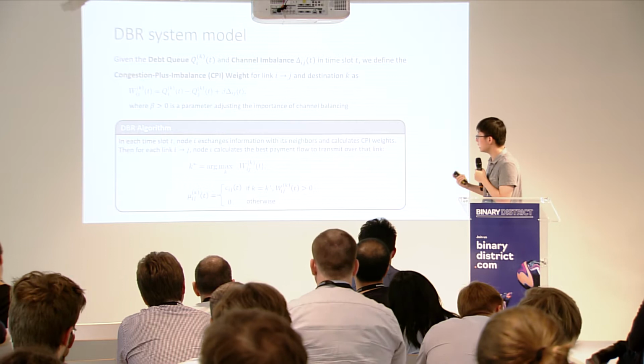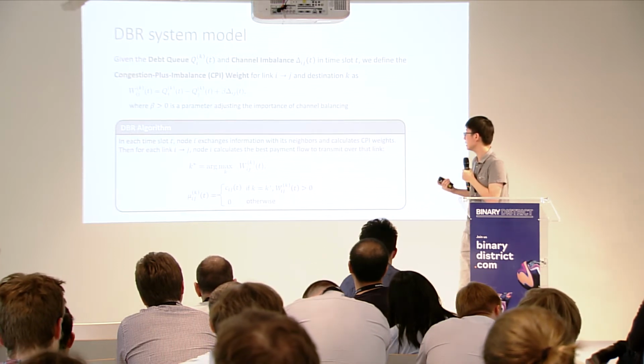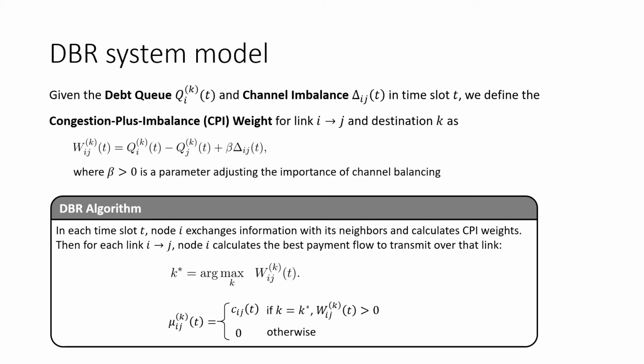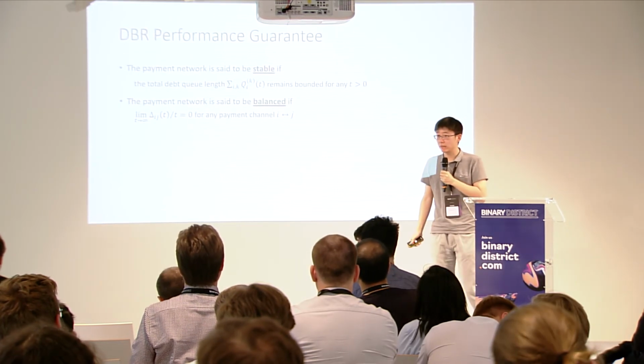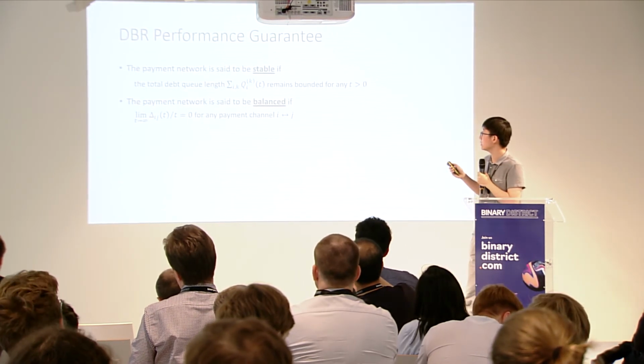And then for each link, it will calculate the best payment flow to transmit over this link through the argmax computation and find the flow that can maximize this congestion plus imbalance weight. So that's it. And I want to have a quick overview of the performance guarantee of these algorithms.